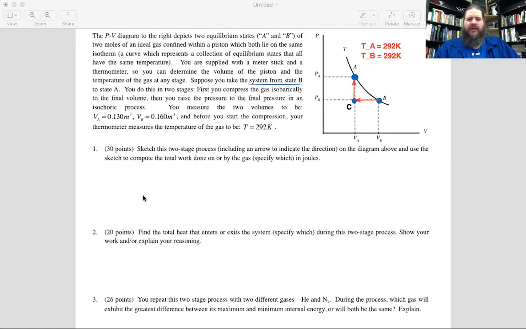Yeah, we don't have any of the pressures, and we're going to need those to figure out how much work was done and the initial and final energies. We know the volumes and the temperature, so what would relate the volumes and the temperatures? Yeah, we can always go back to the ideal gas law.